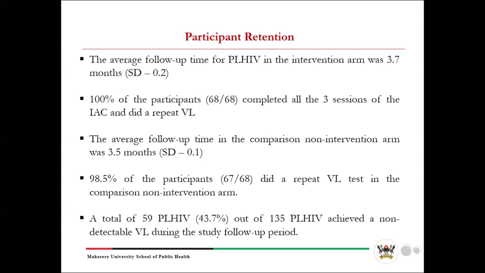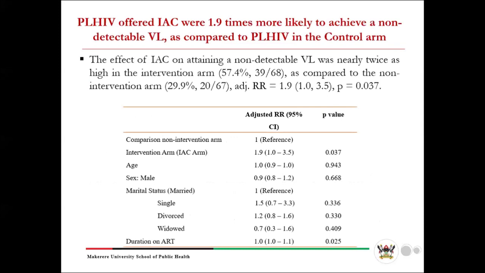And a total of 59 people living with HIV, which constituted 43.7% out of 135 participants, achieved a non-detectable viral load. So in both groups, 43.7% of the participants achieved a non-detectable viral load.